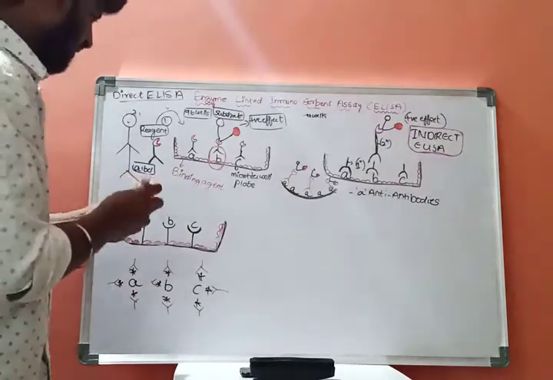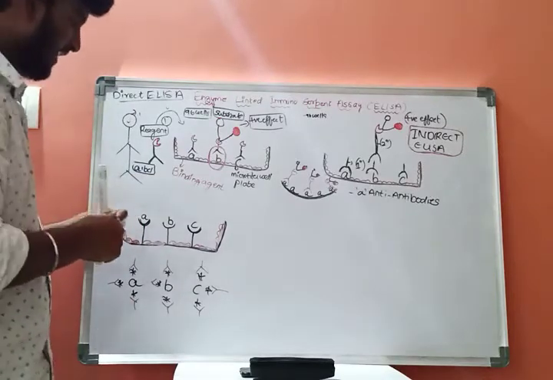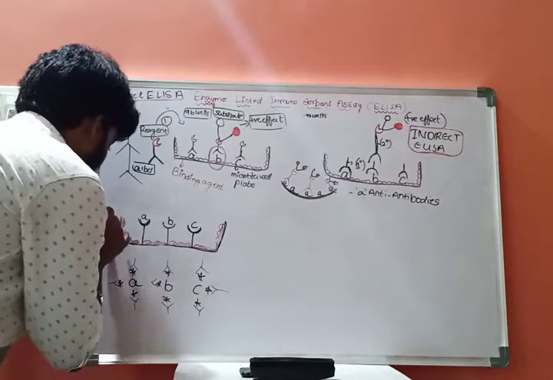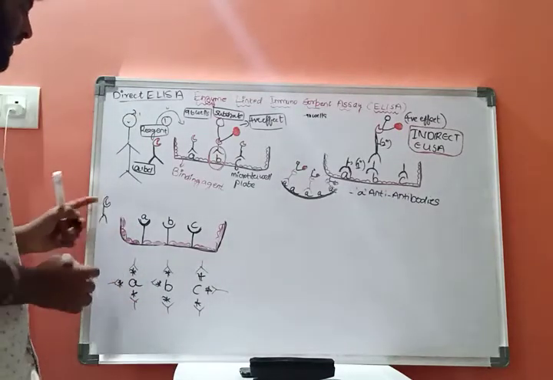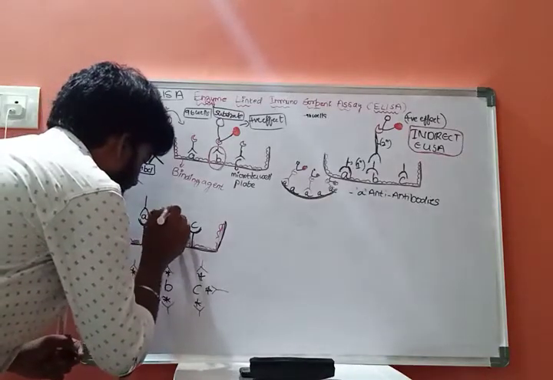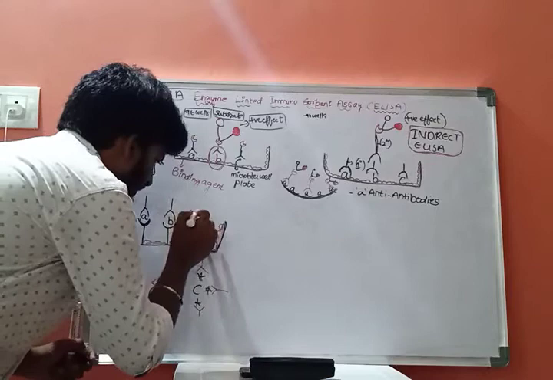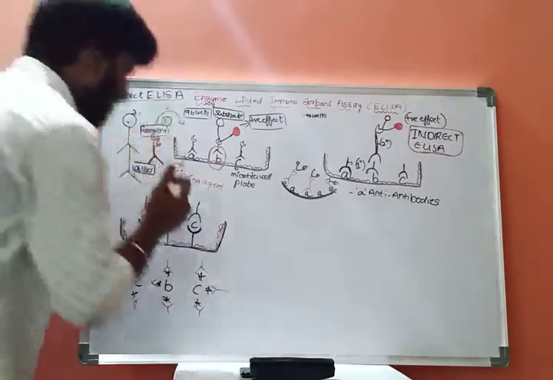Now add secondary antibodies. What do secondary antibodies mean? These are secondary antibodies which contain an enzyme linked to them. Now add the same type of antibodies.